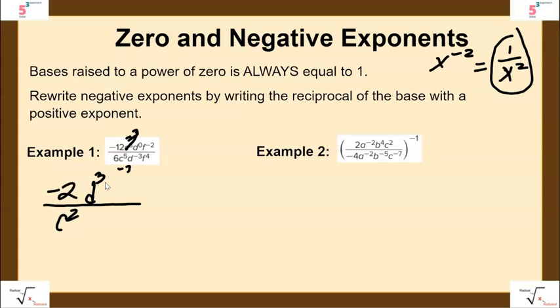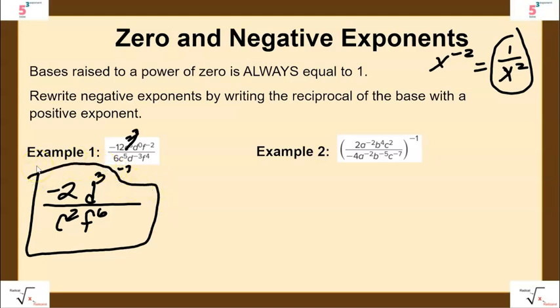So negative 2 minus 4 is going to give me a negative 6. I want to make that on the bottom as a positive, so that would be f to the positive sixth in the denominator. So this would be my solution to that expression.